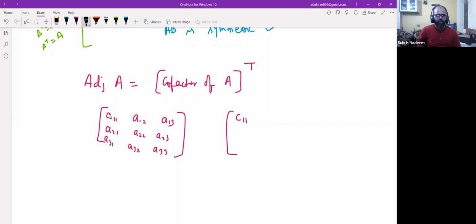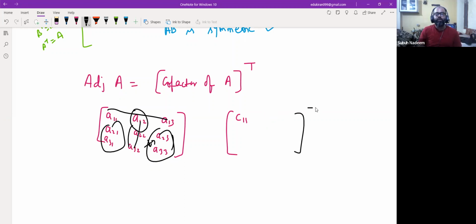You remember, we eliminate that row and column, and from the remaining we do the cross multiplication, and we also put a plus or minus sign depending on whether its position is even or odd. So it is plus here because 1 plus 1 is even. If you take A12, it will be minus there, and you will eliminate this row and this column, and you will take these values. So this is how we used to find cofactors, right? And if you take the cofactors and then transpose it, then you will get the adjoint of a matrix.